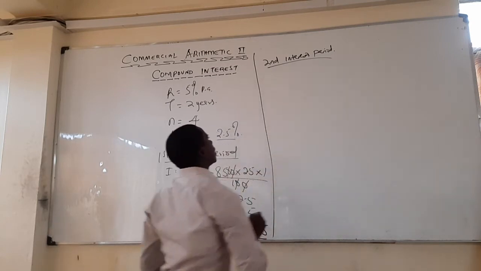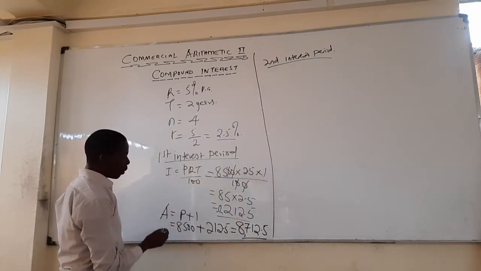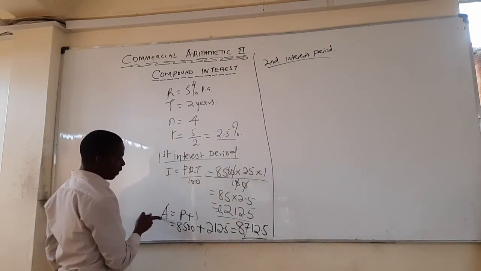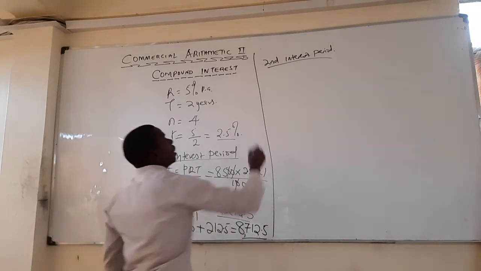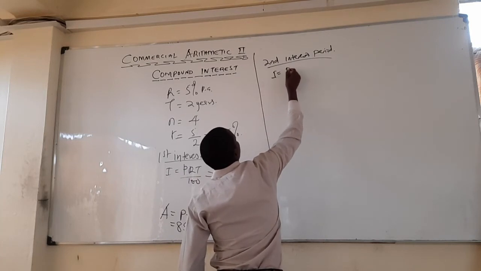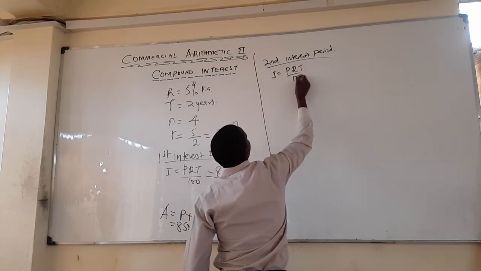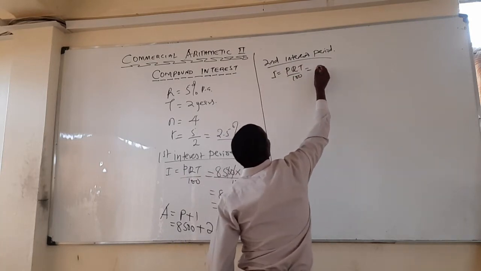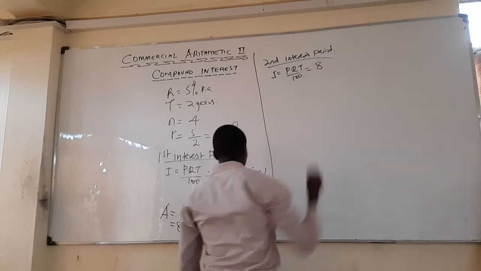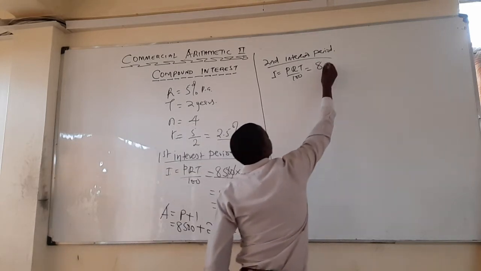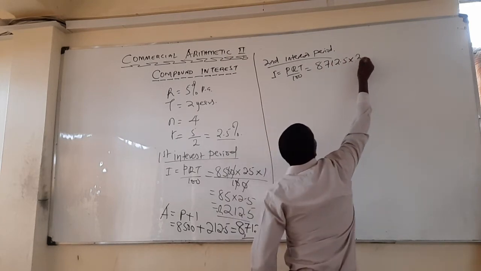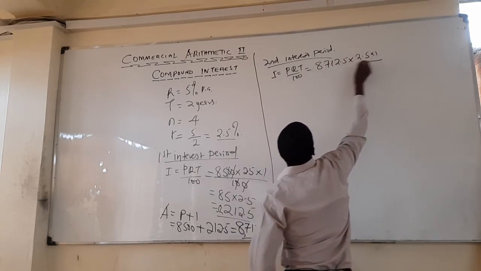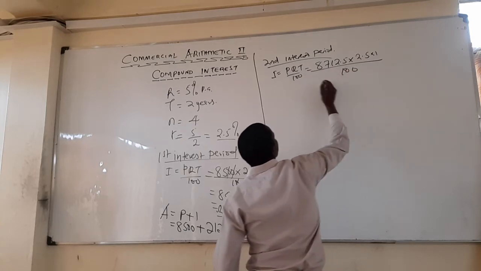We have 4 periods. We go to the second interest period. The principal now is going to change; it is going to be the amount of the first period, which is 8,712.5. So interest PRT over 100 is 8,712.5 times the rate 2.5 times 1 divided by 100.